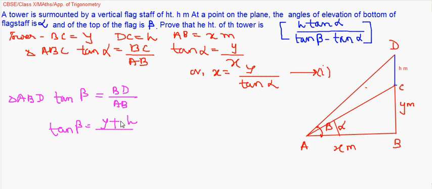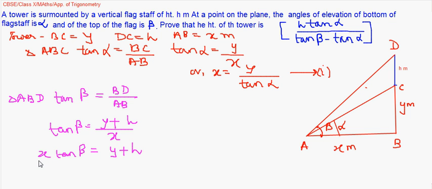AB is again x. If I cross multiply, that makes it x tan beta is equal to y plus h. I write it here, x tan beta is equal to y plus h, right? Now this is another equation.